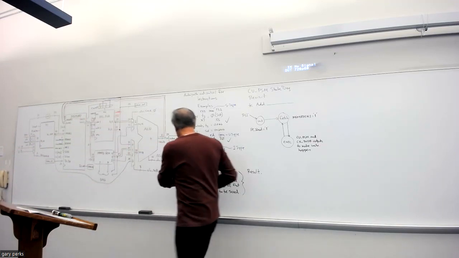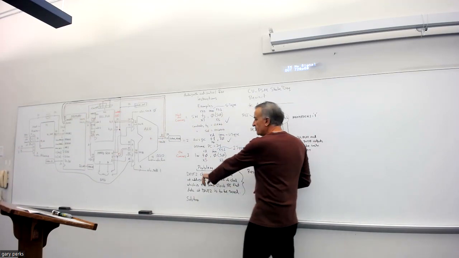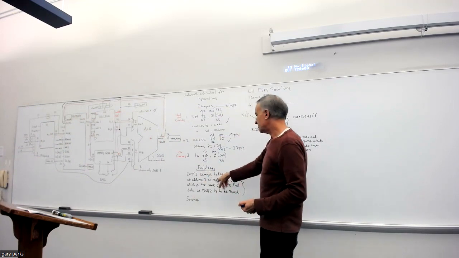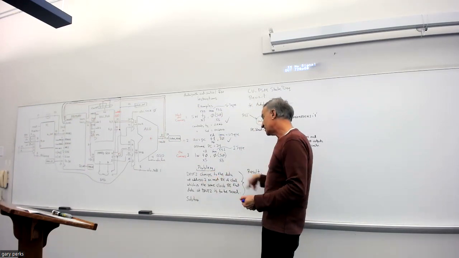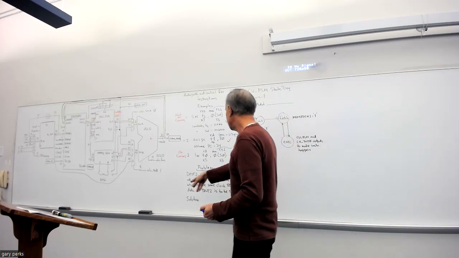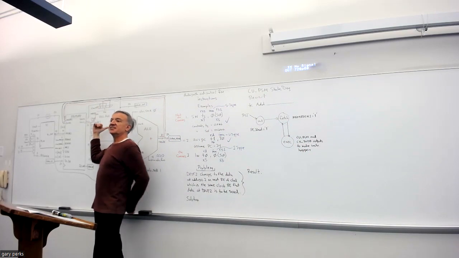Okay, so I kind of summarized what I just said. This is kind of the concise way of saying it. The problem is that the data at TL2 changes to the data at address 2 on the next rising edge of the clock, which is the same clock edge that the data at TL2 is supposed to be saved.